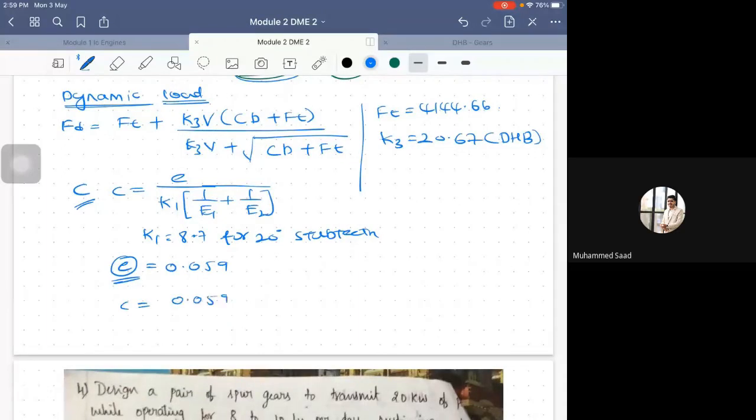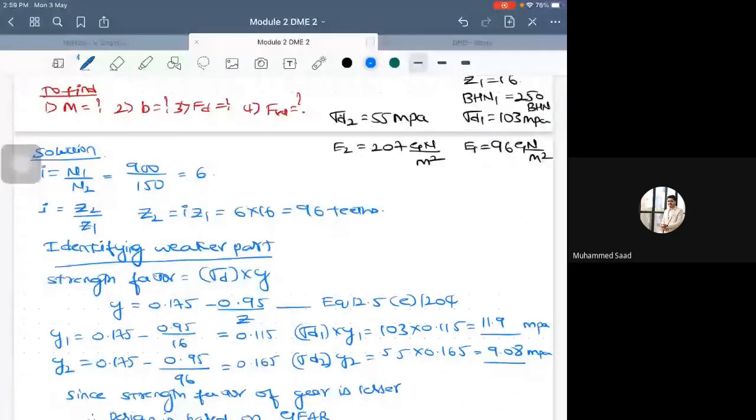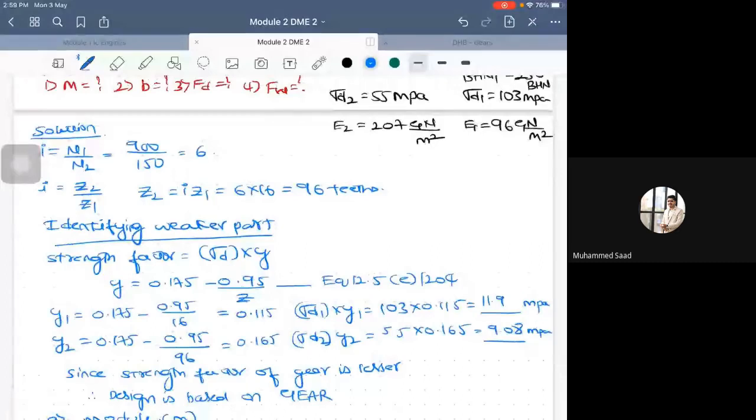Now you substitute the value for calculation of C. 0.059 divided by K1, which is 8.7, into 1 divided by E1 plus 1 divided by E2. Okay, how much is E1? It was given in the problem at the start. So pick these values 207 and 96.